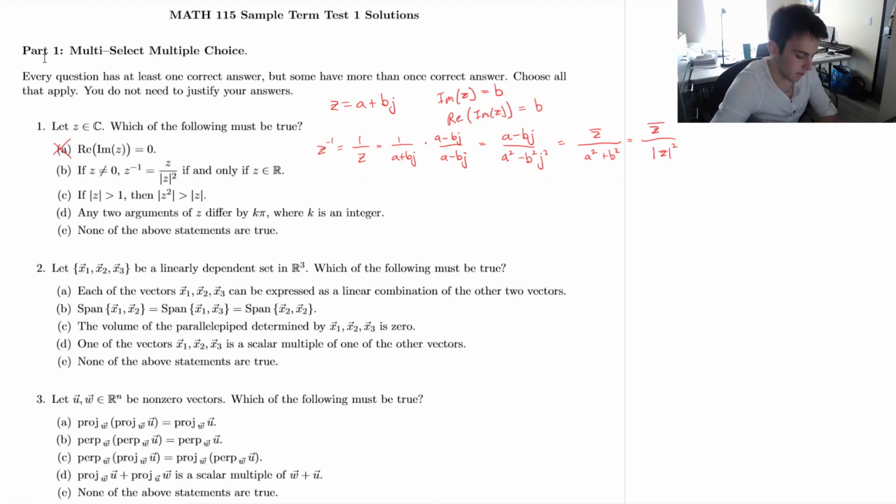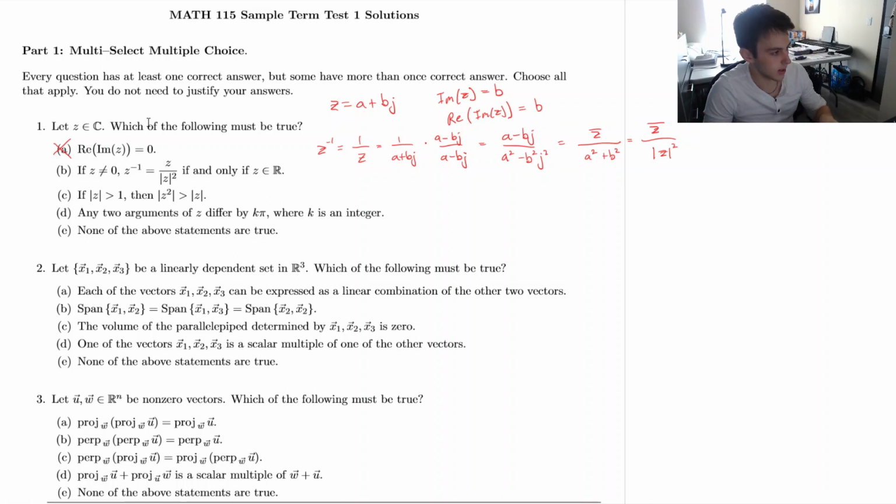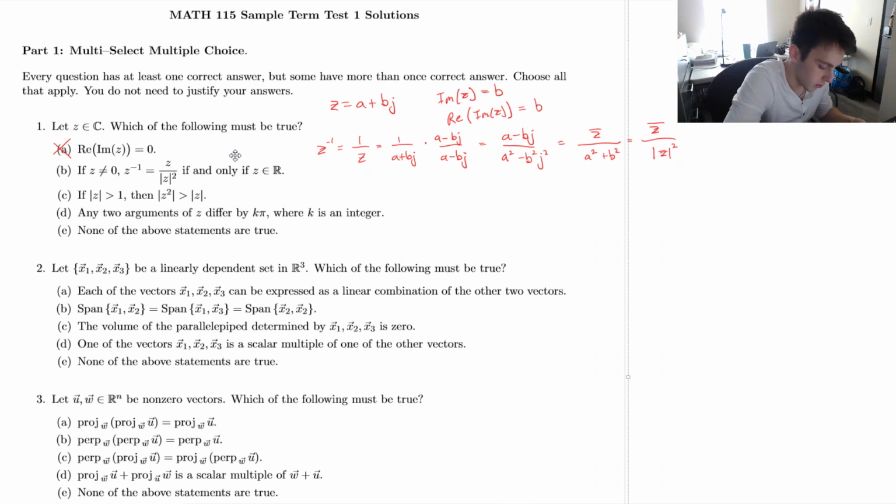In the question, the numerator is z, and that's the only difference. But it says this equation only holds if and only if z is a real number. If z is a real number, then we don't have the bj term, meaning z conjugate equals z. Since we have this condition that z must be a real number, that makes this true. So this one's good. Let's do that in green.